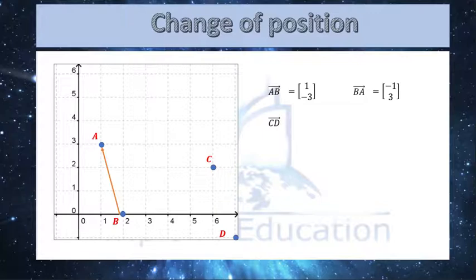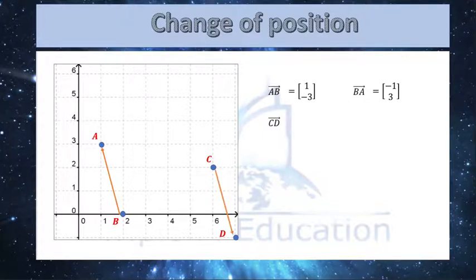This is to illustrate the point that vectors are independent of position. That is to say, if you have 2 vectors of exactly the same magnitude and the same direction, then mathematically they're identical. We say that they are parallel.